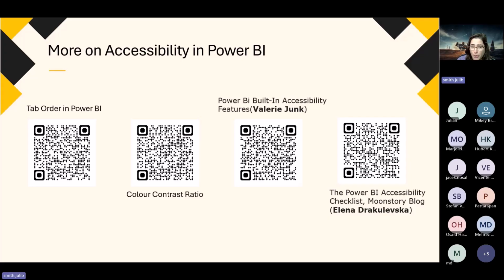These are the QR codes for the recording, where she walks through every single one of the built-in accessibility features in Power BI. Elena Drakulewska also posted on her blog, Moon Story, a really good accessibility checklist. It's definitely worth having a look.